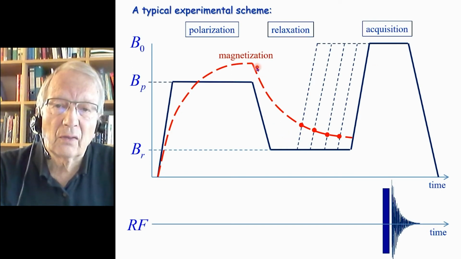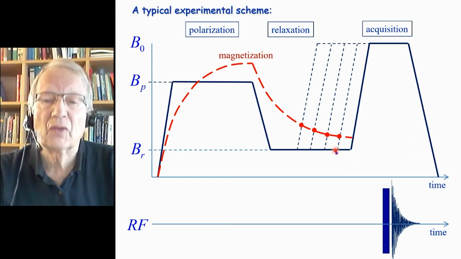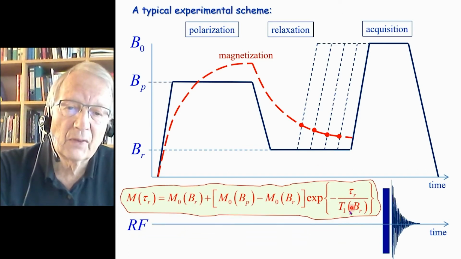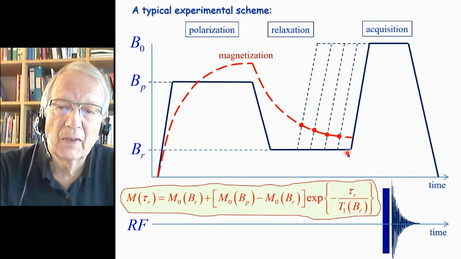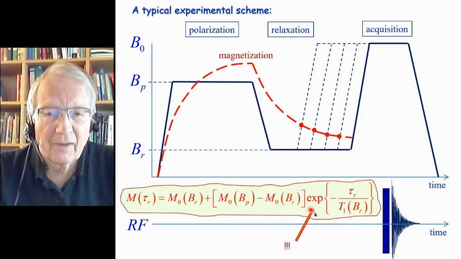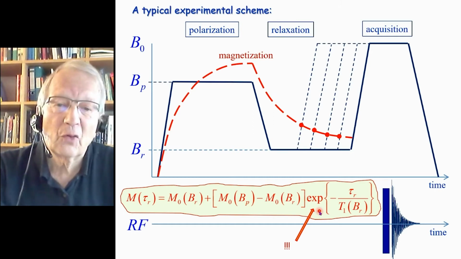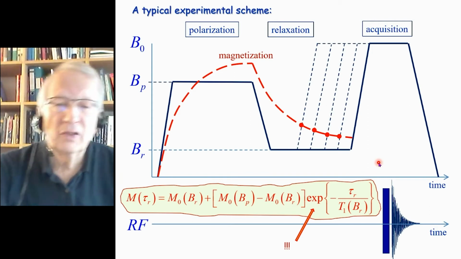So this relaxation curve is probed point by point, and the solution of Bloch's equation is given by this expression, where we have the spin lattice relaxation time as a function of this field level. Quite important, we have assumed a mono-exponential relaxation curve here, as it is usually the case in homogeneous media.